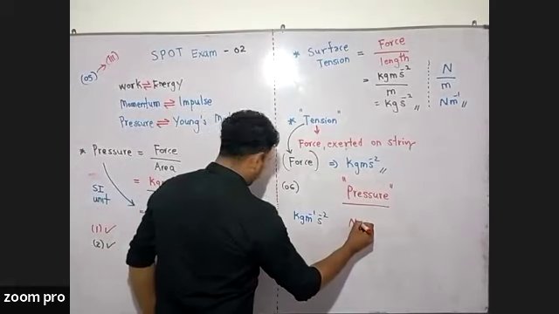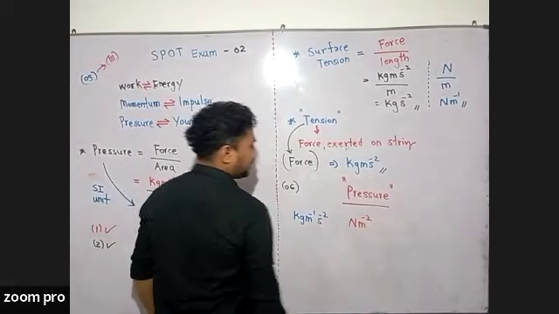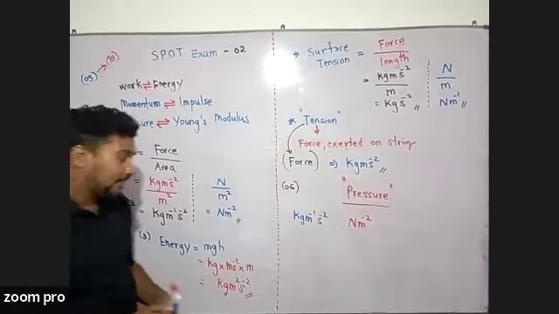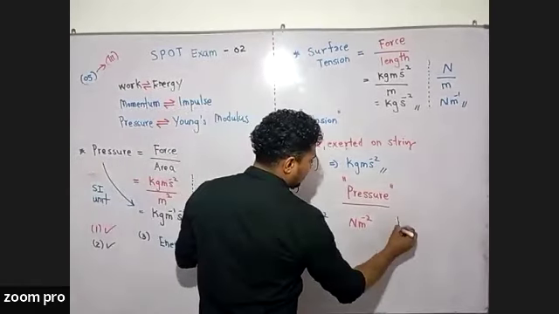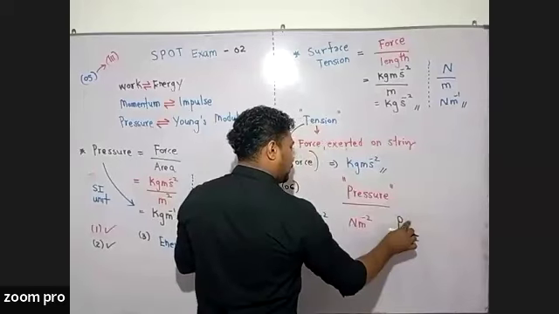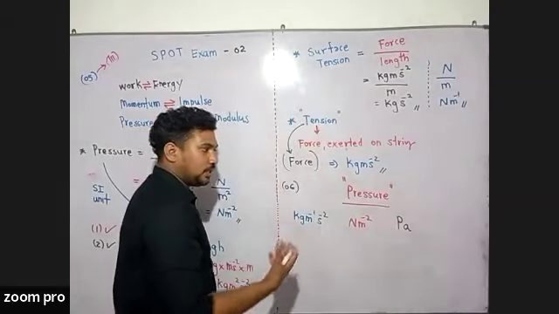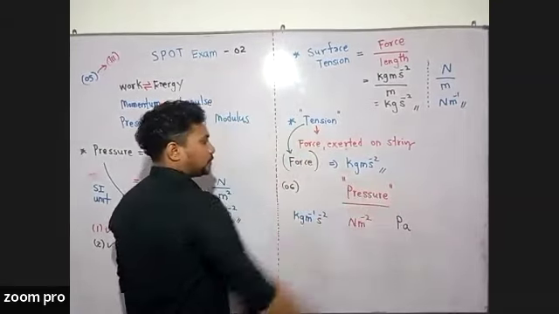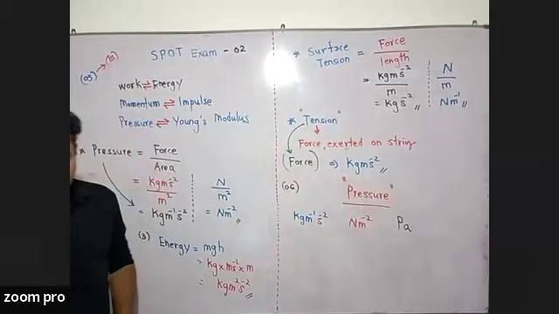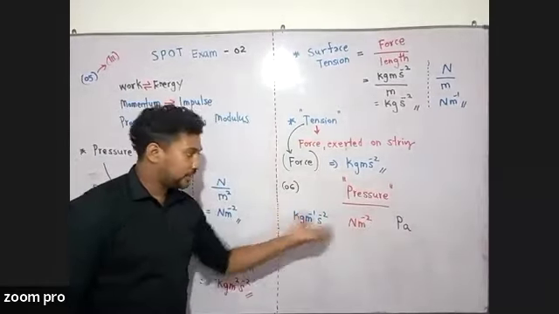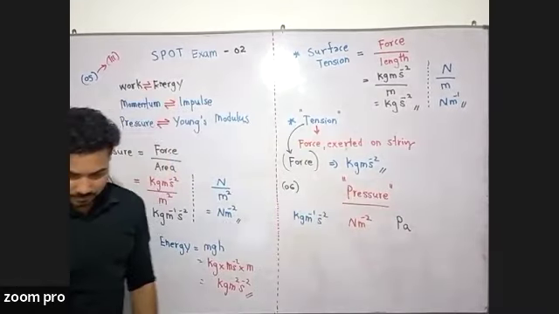We can also use newtons per square meter as the unit of pressure. And there's another one, that is Pascal. Normally we use Pascal because it is a special name or special unit used to measure pressure. These are units used to measure pressure.